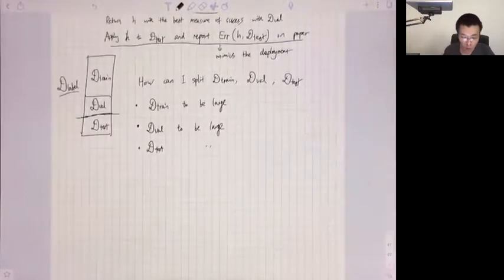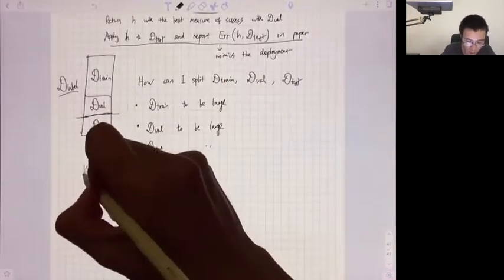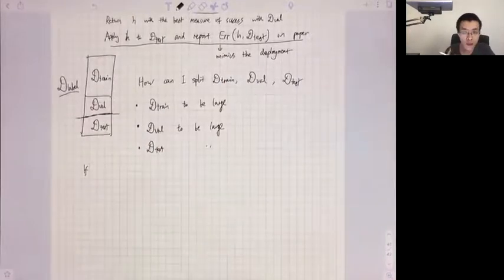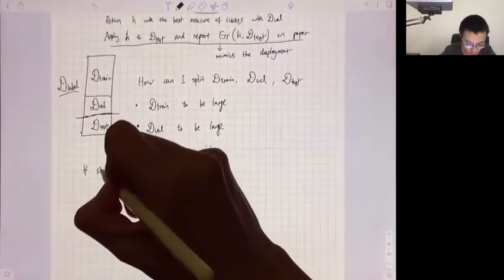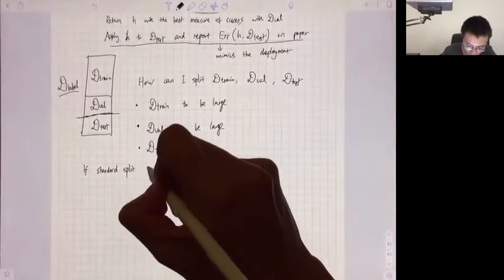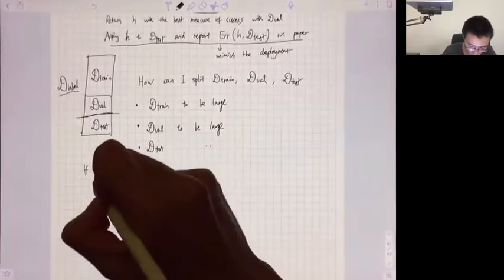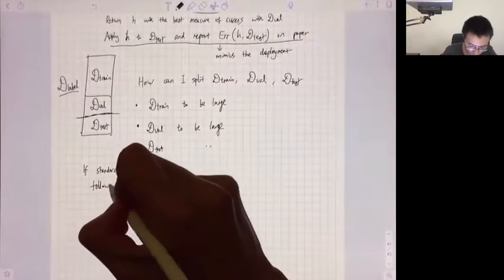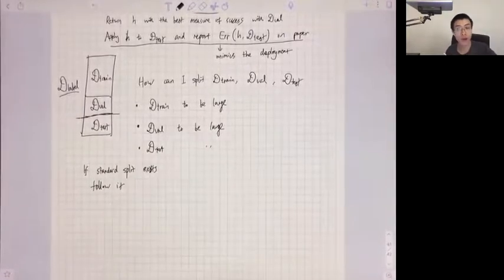So here is some common practice. If in previous research papers there is a standard split that exists, follow it, okay? So if people have already separated the data set into 3 parts, and a few papers have already followed that split, then you also follow it.